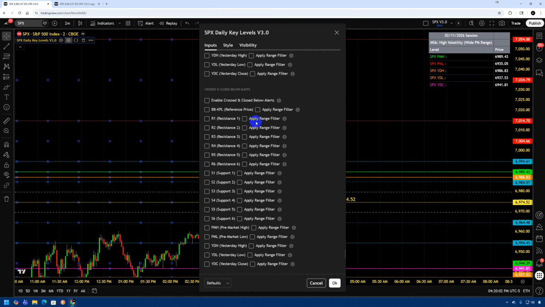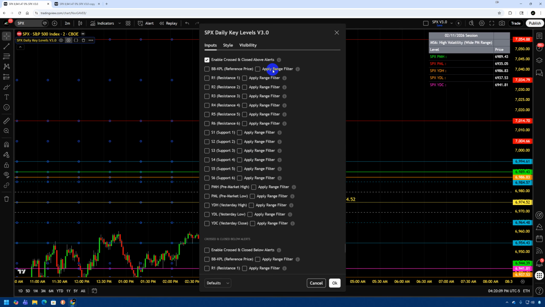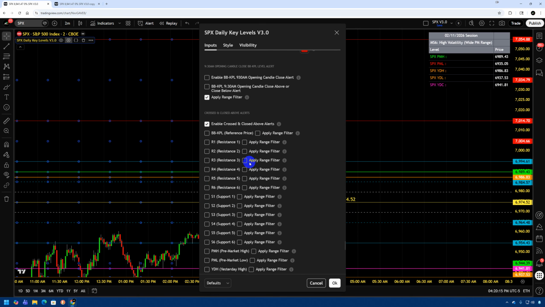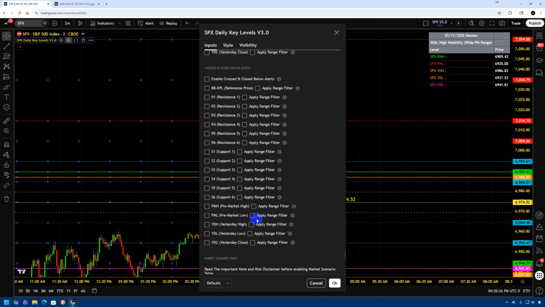You can individually select which ones you want to enable, and you can also select to enable cross and close above and cross and close below. Again, the only alert that's a dual alert based on enabling it singly is the 9:30 a.m. opening candle alert. Okay, so that's going to lead into our next topic on one of the other additional features that we've added.